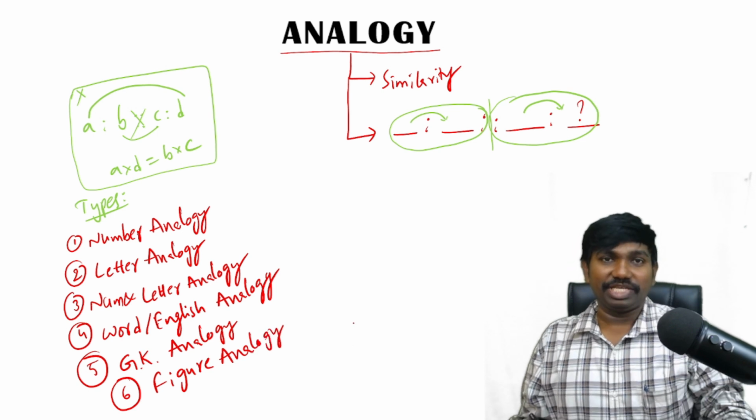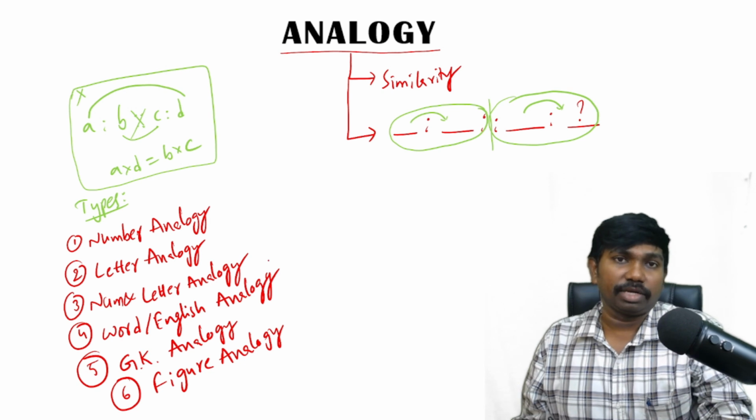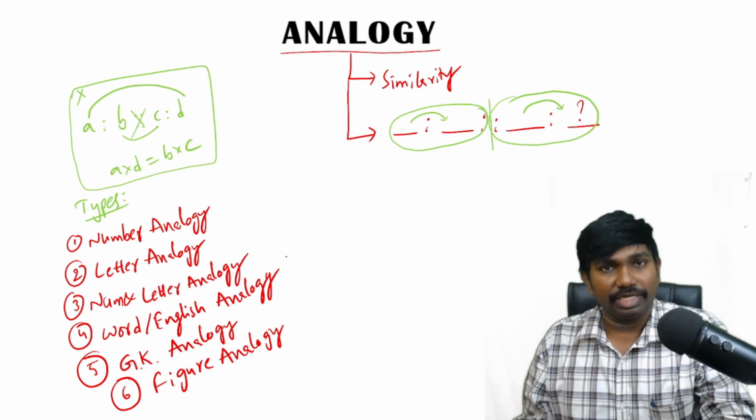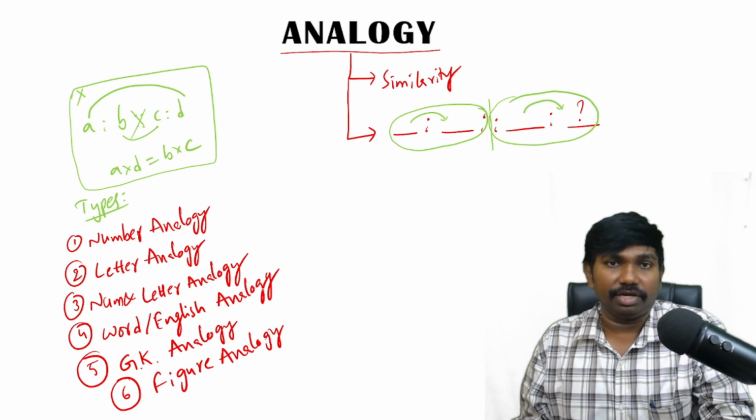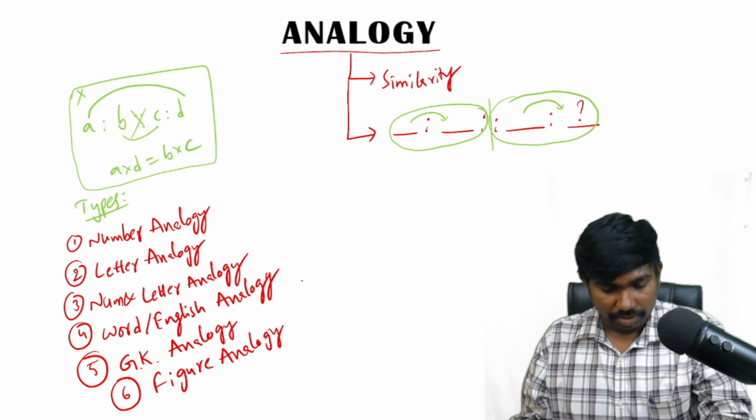So these many types of analogies are there: number analogy, letter analogy, number cum letter analogy, word analogy or English subject based analogy, GK analogy, and figure analogy. We'll see the questions of each one by one, right?